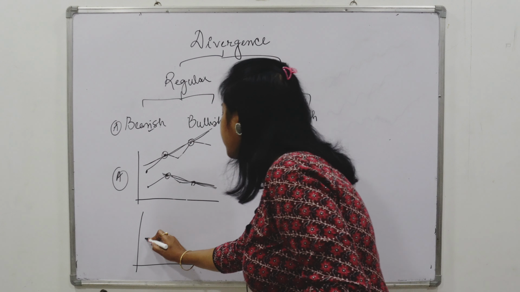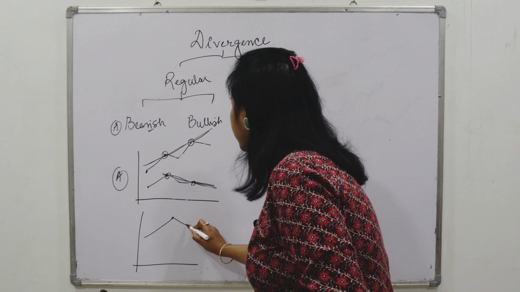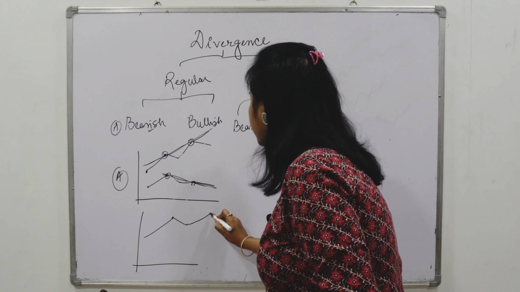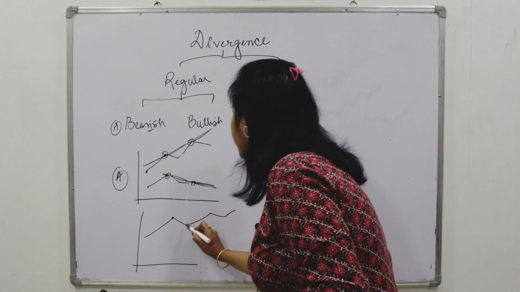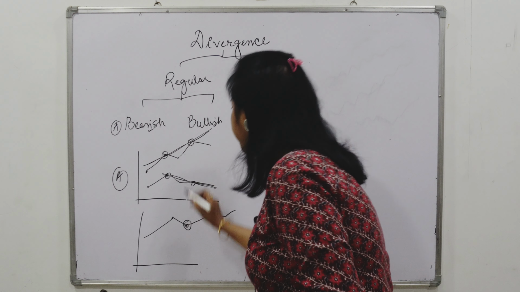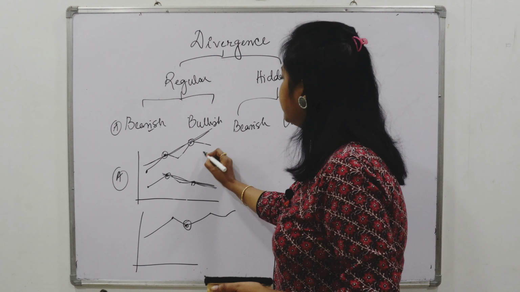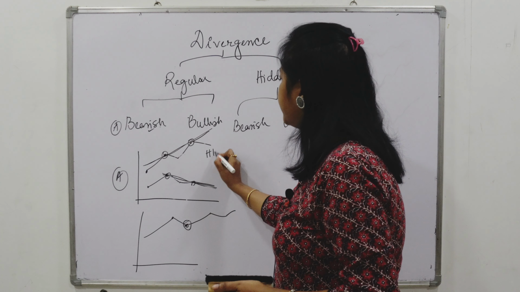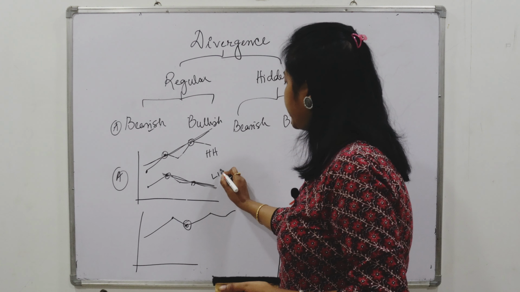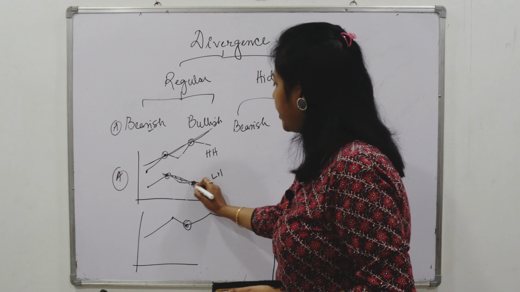It's just the opposite. Here we will see the lows. I am just trying to help you to understand this. The price has taken a higher high, the indicator has taken a lower high. As you can see, there is a lower high.